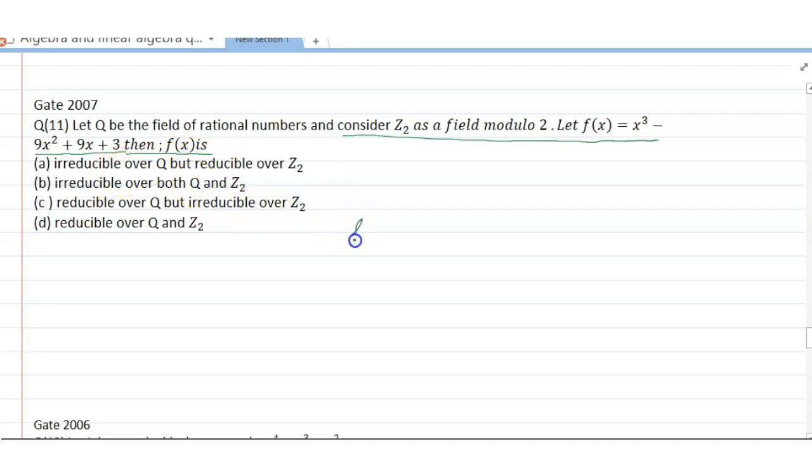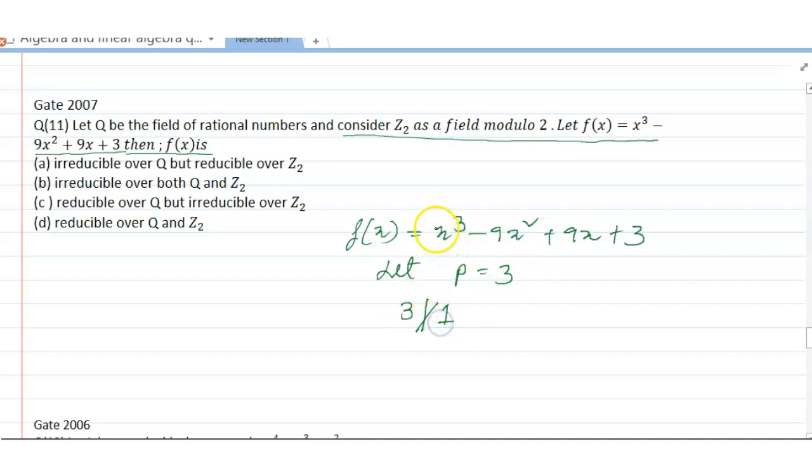So whatever I get, my f(x) is x cube minus 9x square plus 9x plus 3. Let p be equal to 3. Now 3 does not divide the leading coefficient 1, and 3 divides 9, 3 divides minus 9, 3 divides 9, and 3 divides 3.